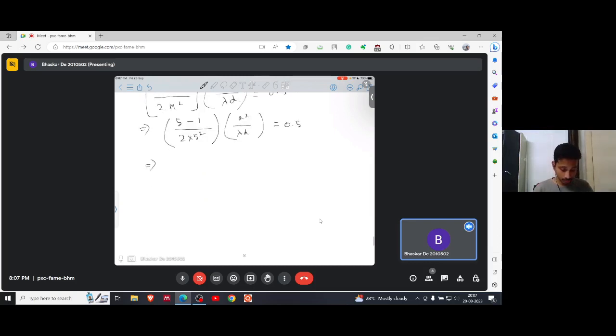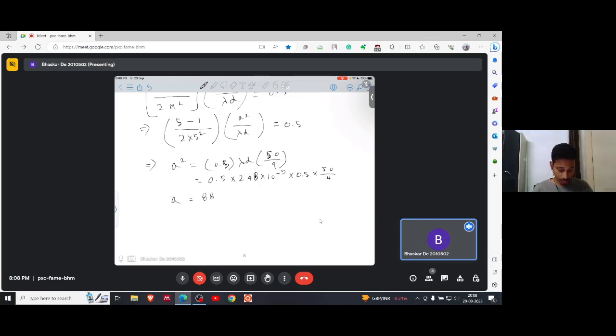And if we simplify we will have a squared equal to 0.5 lambda d into 50 by 4. So a squared equals 0.5 into 248 into 10 to the minus 9 into 0.5 into 50 by 4.